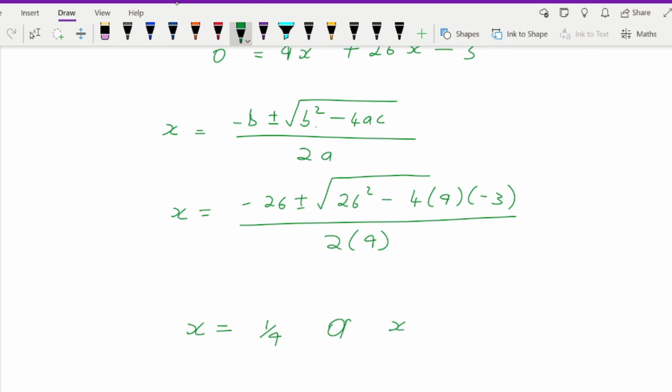Then for the negative one, it gives us negative 3.